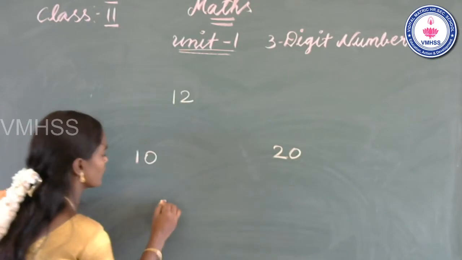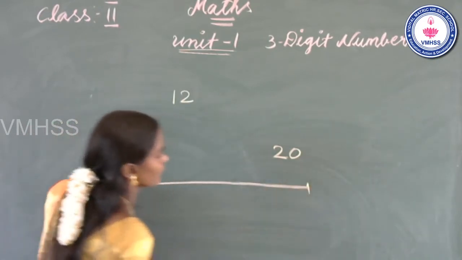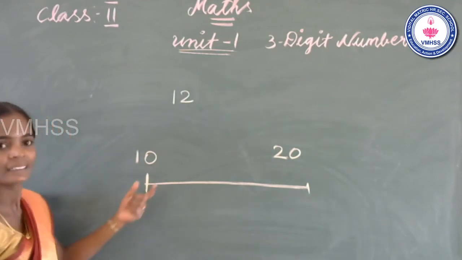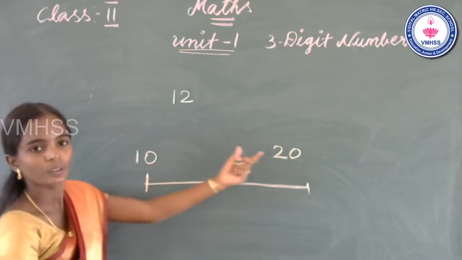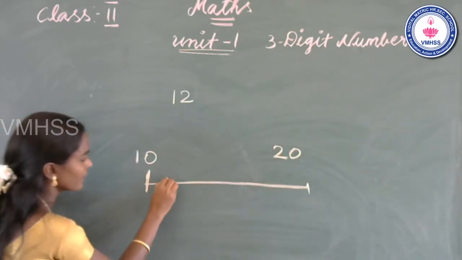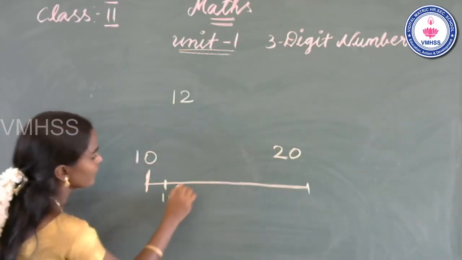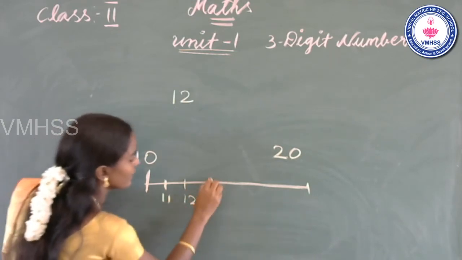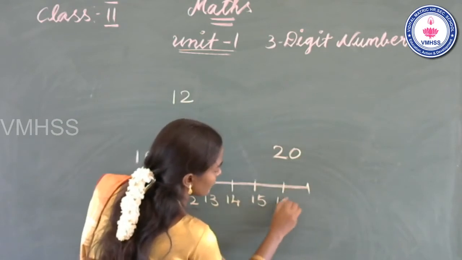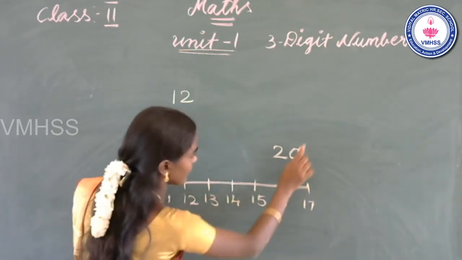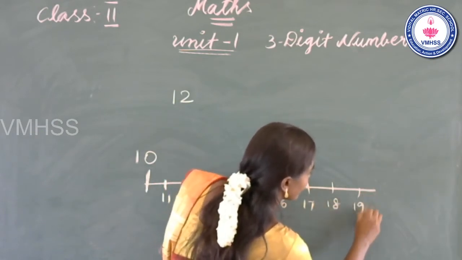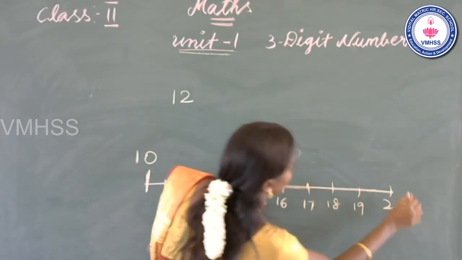Children, first we will draw the number line. Next, mark the numbers from 10 to 20. The first number 10, then 11, next number 12, 13, 14, 15, 16, 17, 18, 19, 20.